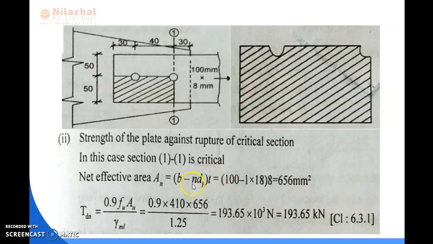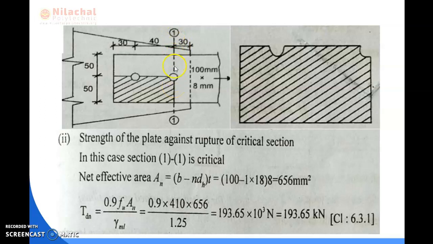Now, the number of bolts in the critical section. To find this out, we need to look at the figure. So here is the figure. The critical section bolts we can find by cutting the plate with bolts in the vertical direction.